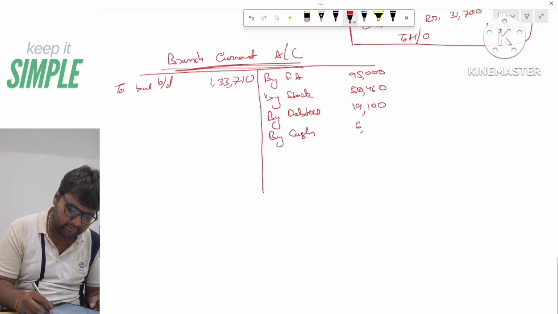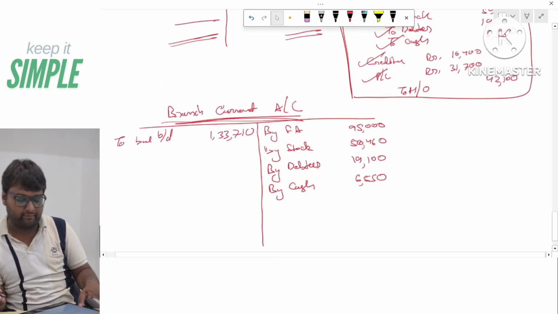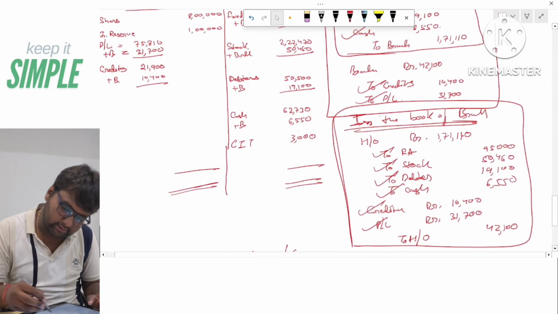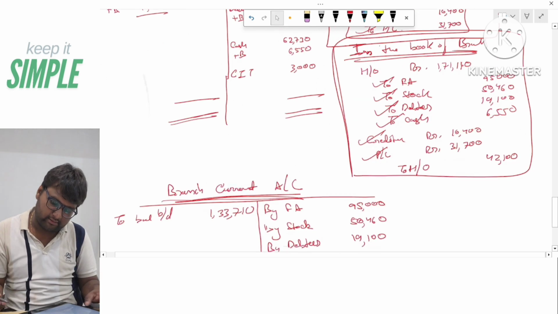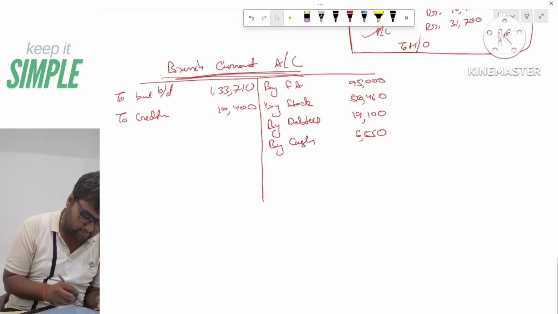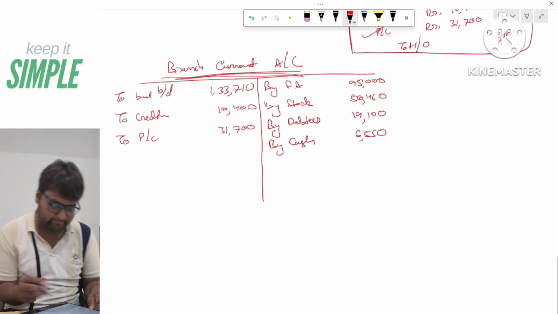You can see the figures. Tell me if any figure is wrong. Okay. Here creditor and PL. So to creditor 10,400, to PL 31,700.